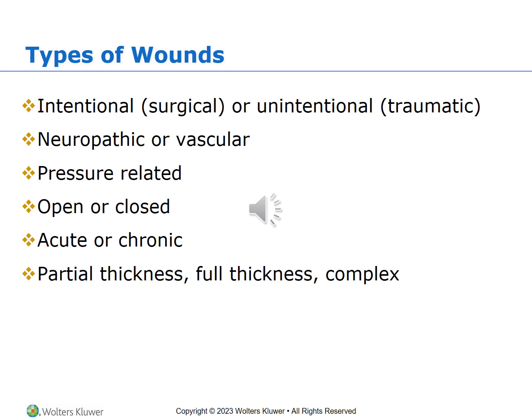Examples of this are ecchymosis and hematomas. With ecchymosis, you'll see scattered bruising on the skin, which is indicative of some internal bleeding occurring. And a hematoma is like a blood-filled blister. So it definitely is bleeding under the skin.